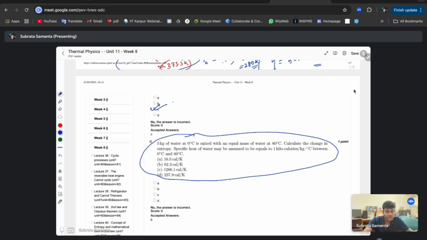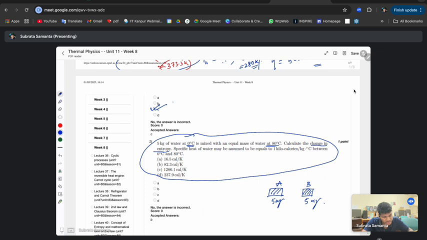So the next question is: 5 kg of water at 0 degree centigrade is mixed with an equal mass of water at 80 degree centigrade. Calculate the change in entropy. First of all, there is a mixing of two samples of the same water. Let's say this is system A and this is system B. The mass is 5 kg of water here, and the same 5 kg here.